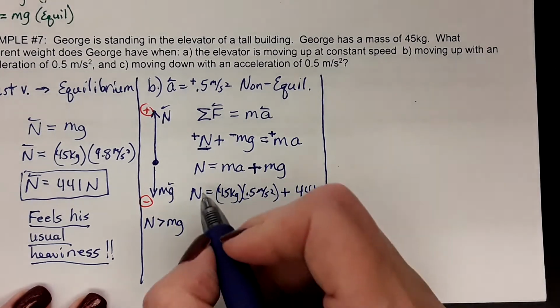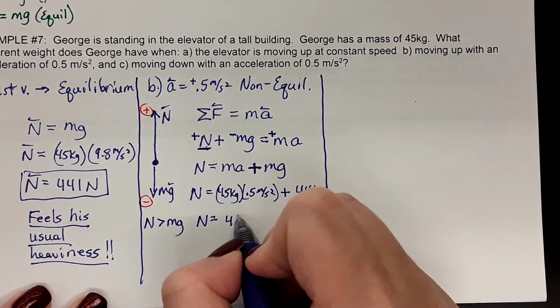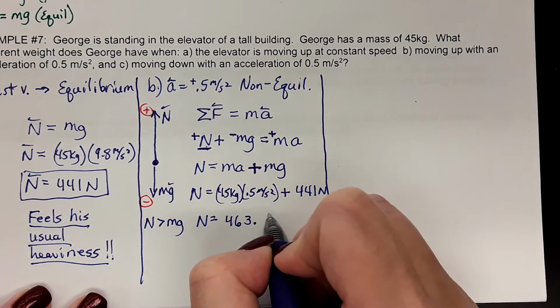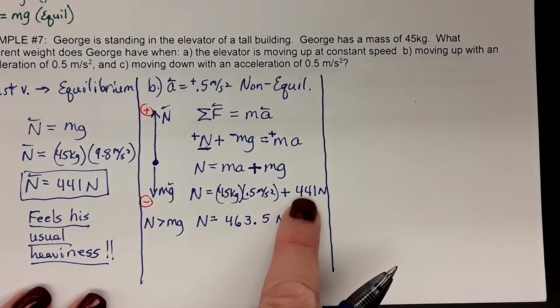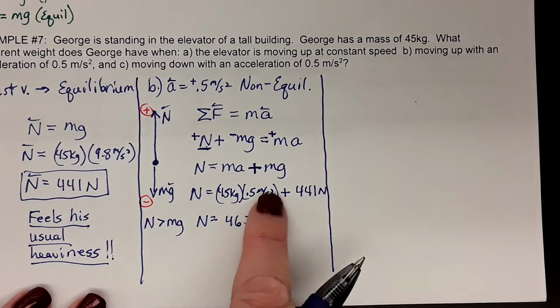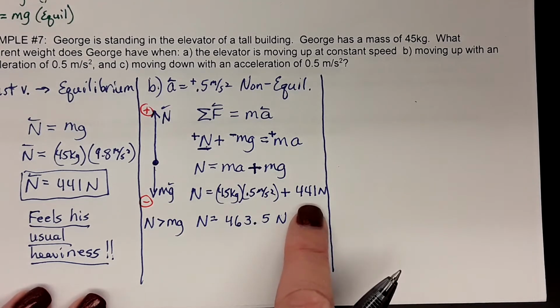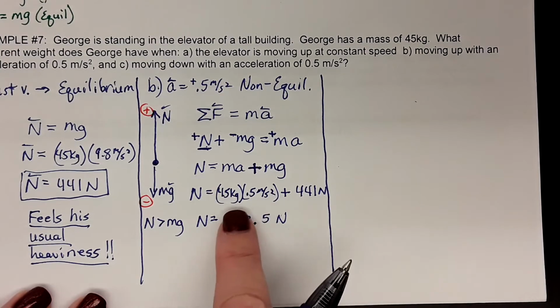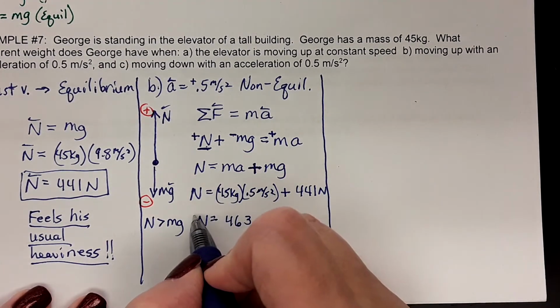So the normal force then would have to have a value of 463.5 newtons. Notice it has to be bigger than the true weight, so that what's left over makes the mass accelerate. Okay? In fact, it looks like it's about 22 and a half newtons left over, and that makes George's mass accelerate. Okay?